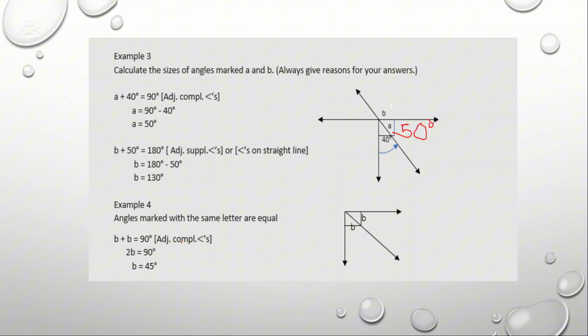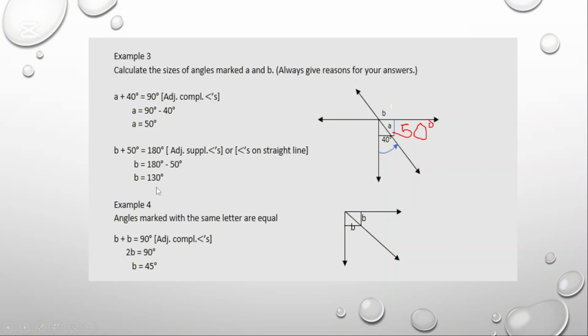Okay, so we write it out. B plus 50 is equal to 180. Adjacent supplementary angles, or even angles on a straight line. So B is equal, we subtract the 50 from 180, and B is equal to 130.